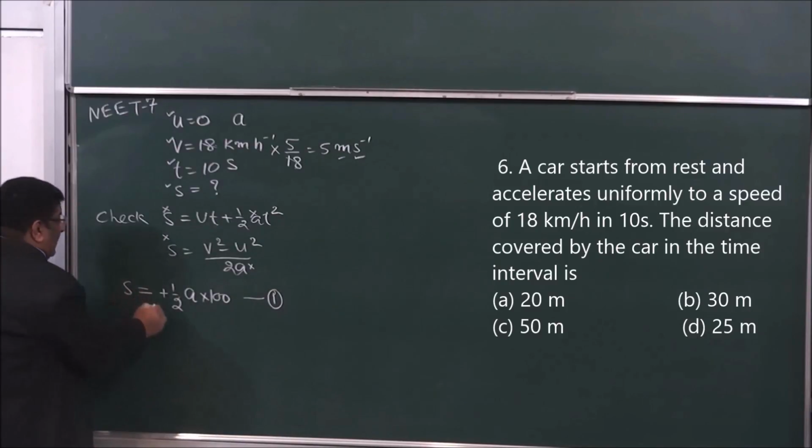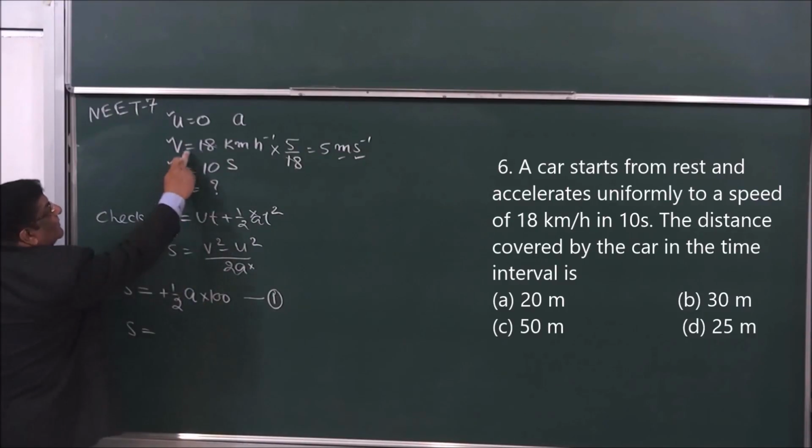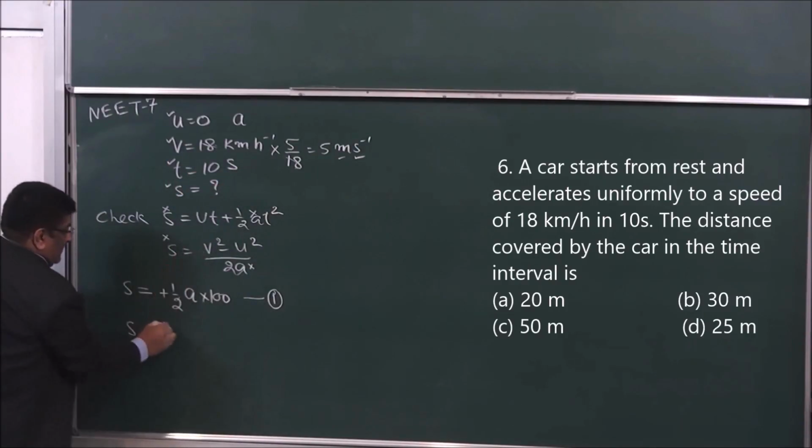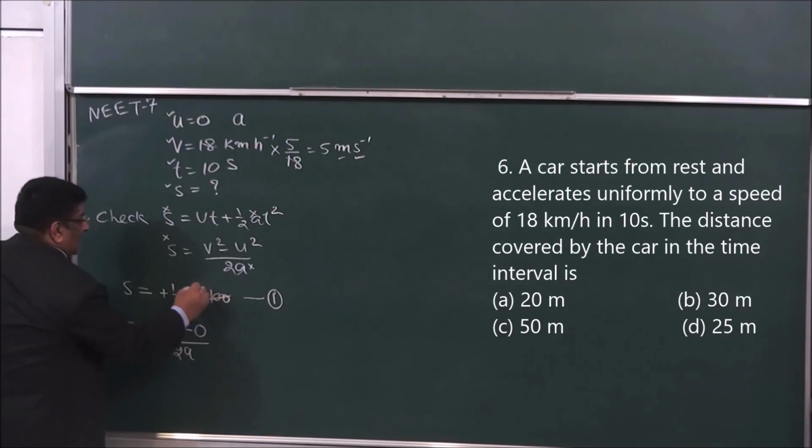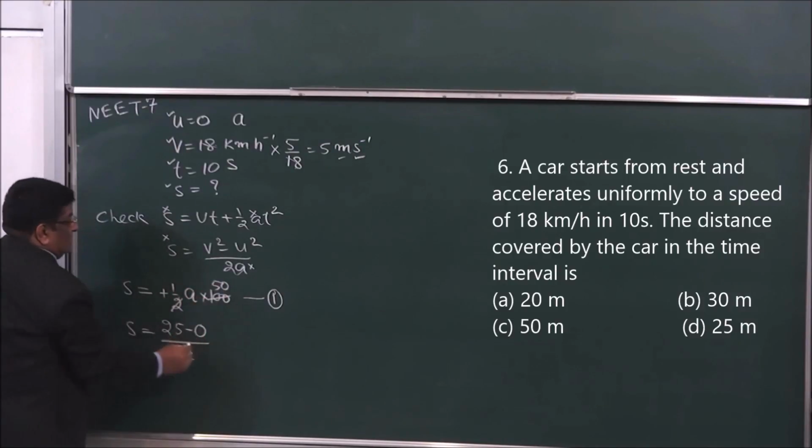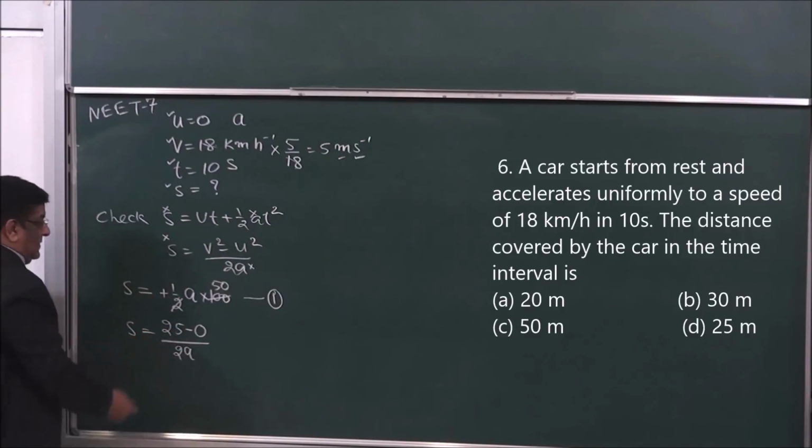So here, second equation, S is equal to V square, V 5 square 25 minus U square 0 upon 2A. Okay, so this is 50. Okay, and this is this.